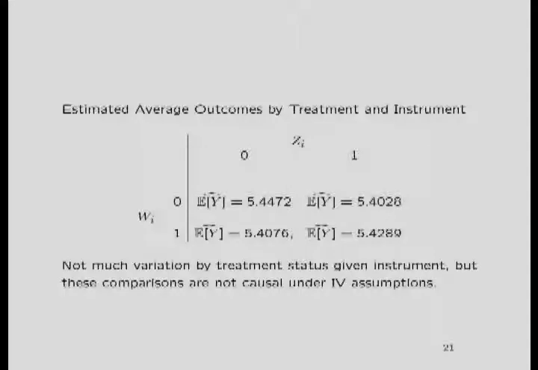Now, this slide gives you the average outcomes in the four groups by treatment and instrument status. Here in the 0,1 cell, we know that these individuals are always takers, so we can estimate directly from there what the average outcome is for always takers given the treatment.